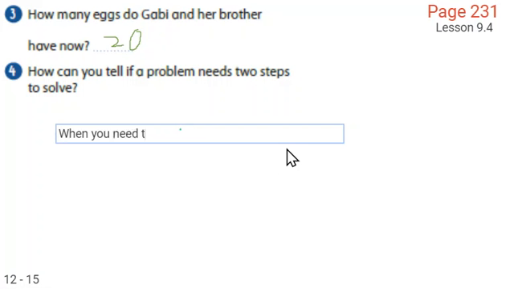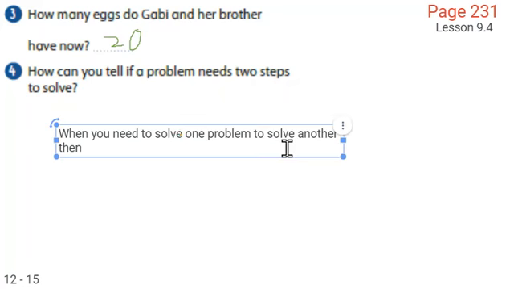So when you need to solve one problem to solve another, then 2 steps are required. There we go.